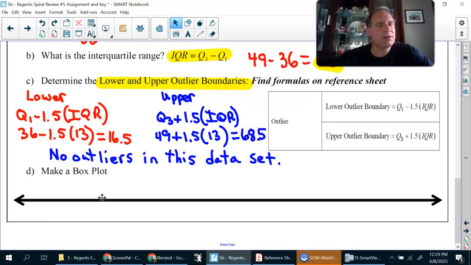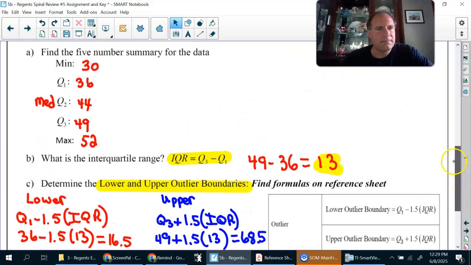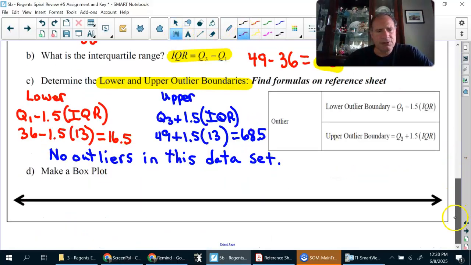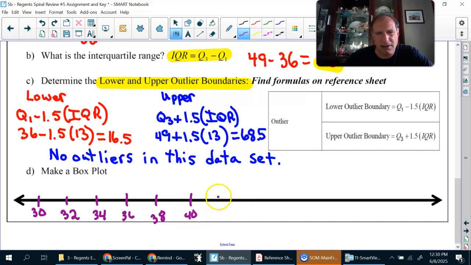All right. And now we're going to make a box plot. The only thing that we need is the 5-number summary. You see how it goes from 30 to 52? I'm just going to put numbers that go from 30 to 52, and I think I'm going to go by 2s, because it's not a tremendous range that I can't cover it.